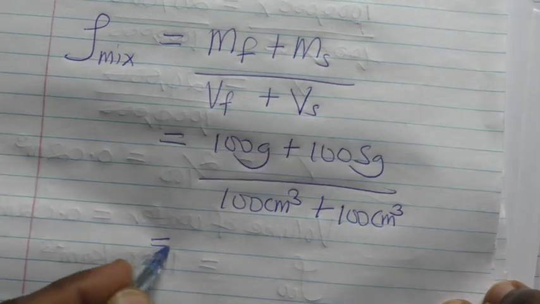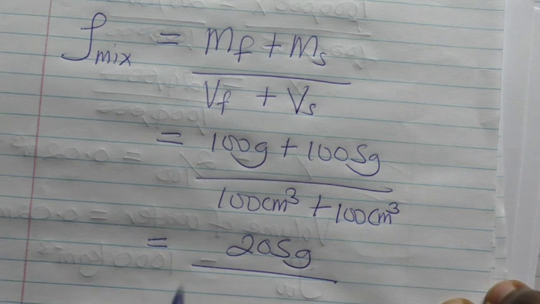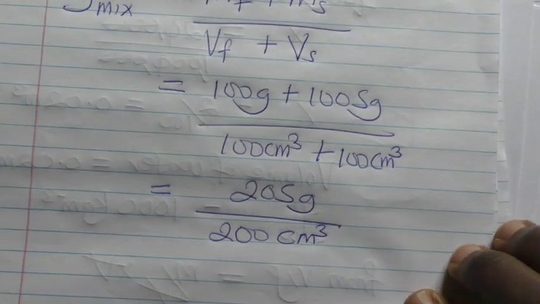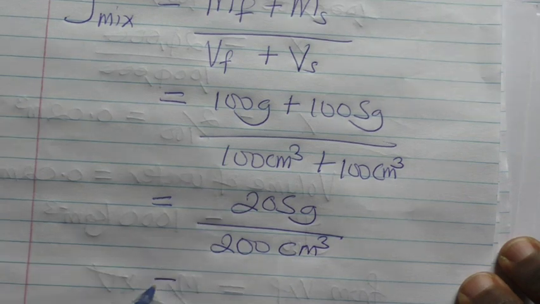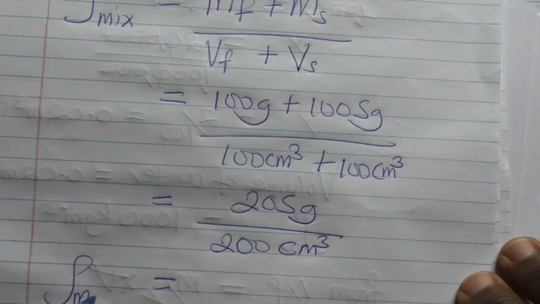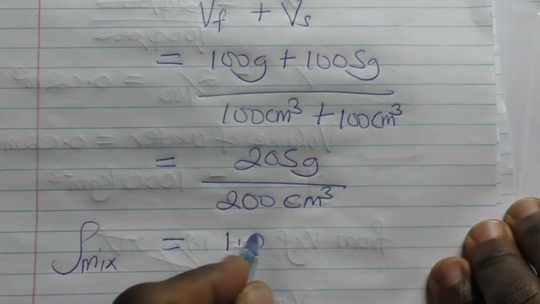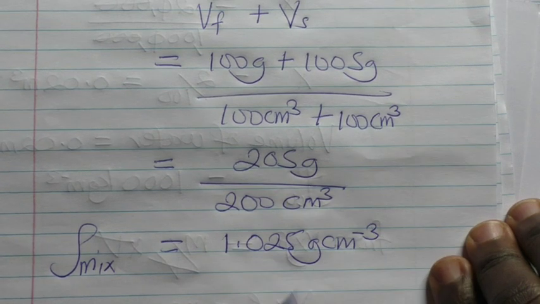So when we add, we end up with 205 grams over 200 centimeters cubed. When we divide, that is 205 divided by 200, we shall end up with the density of the mixture as 1.025. This is grams per cubic centimeter.